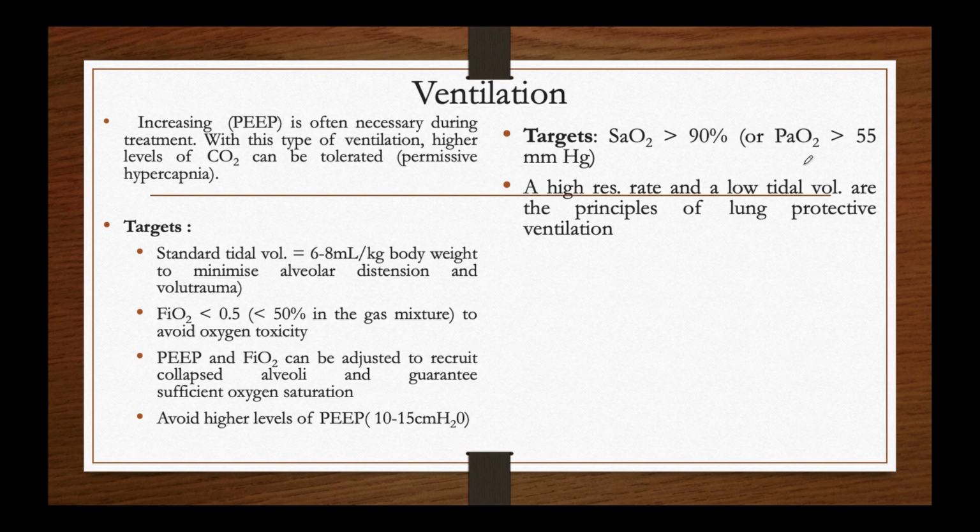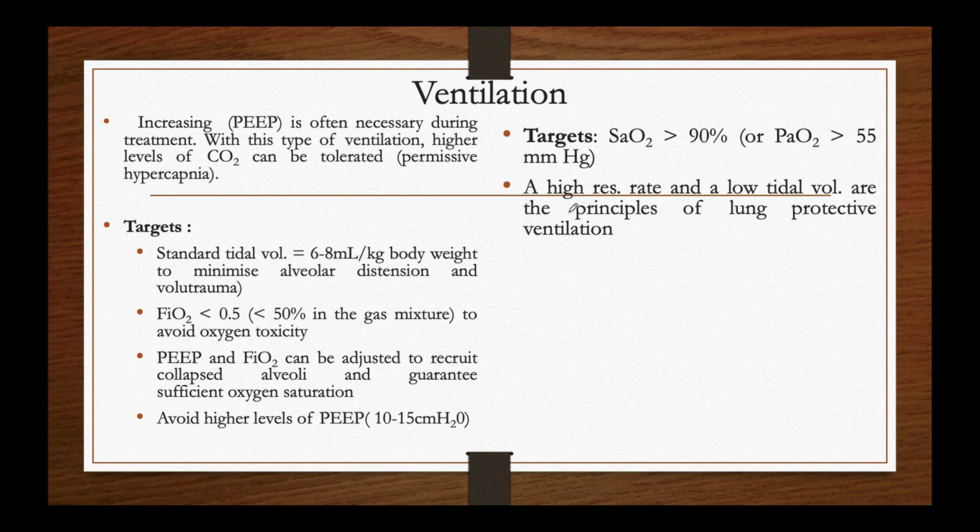An important thing for us to note over here is that a high respiratory rate and a low tidal volume are the principles of lung protective ventilation, and so we shouldn't increase the tidal volume without ensuring that the patient is breathing more.